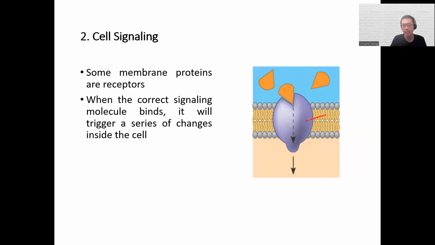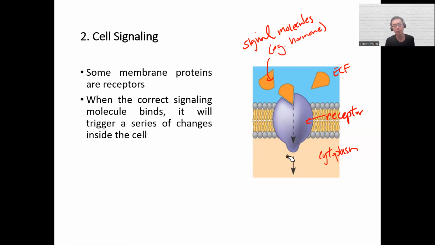Okay, so this is the receptor. This is the outside, the ECF, extracellular fluid, and this is the cytoplasm. Okay, and these are the signaling molecules. They could be a bunch of things, but as an example, we can say they are hormones.